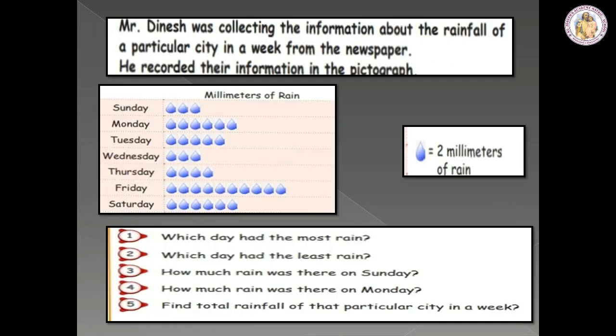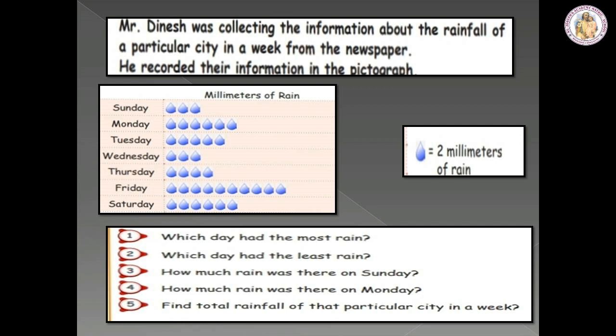Mr. Dinesh was collecting the information about the rainfall of a particular city in a week from the newspaper. He recorded the information with the help of a pictograph. They have given a pictograph for a week from Sunday to Saturday.